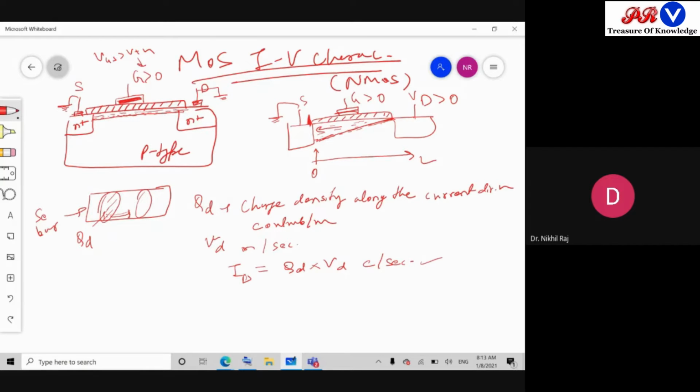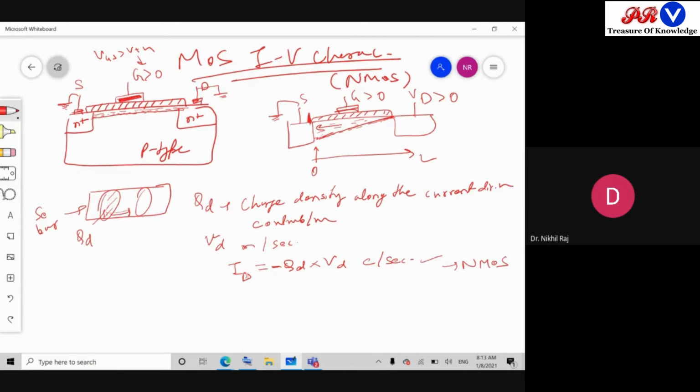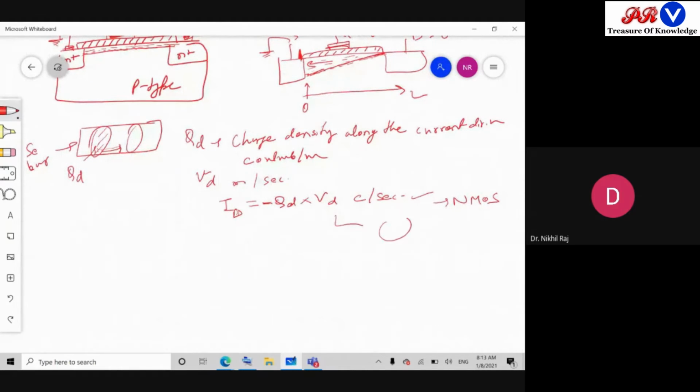If a QD charge is moved with a Vd velocity, then after movement of 1 second, the ID will be computed as QD into Vd. And since it is an electron movement, QD will be nothing but with a minus charge. So ID will be given as minus QD into Vd for the NMOS. Now, let's say this is expression number 1.